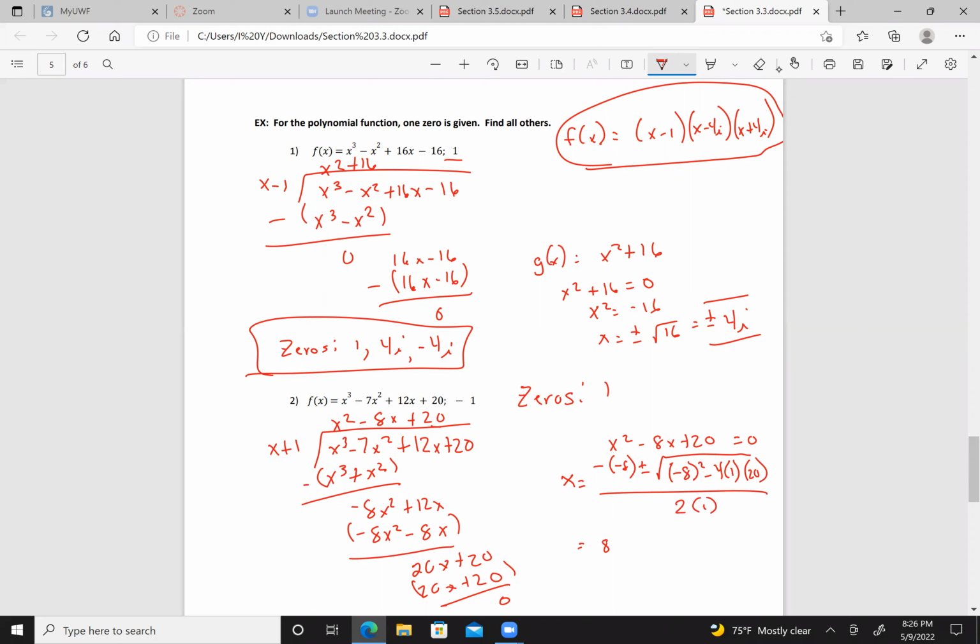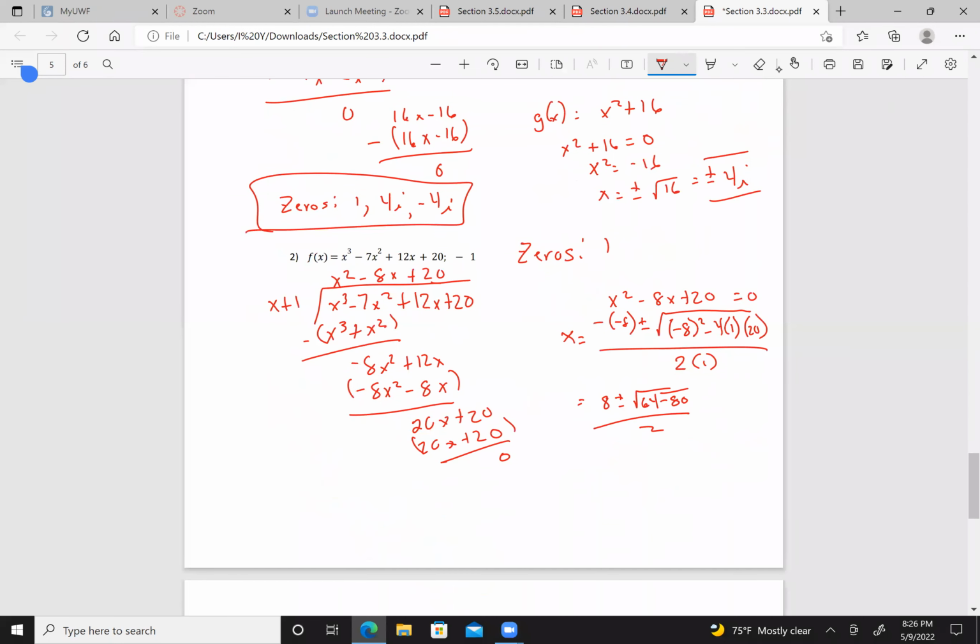So we have 8 plus or minus the square root of 64 minus 80, over 2, which is 8 plus or minus, this is negative 16, which is plus or minus 4i, over 2, which is 4 plus or minus 2i. So 4 plus 2i, 4 minus 2i. Those are my zeros.